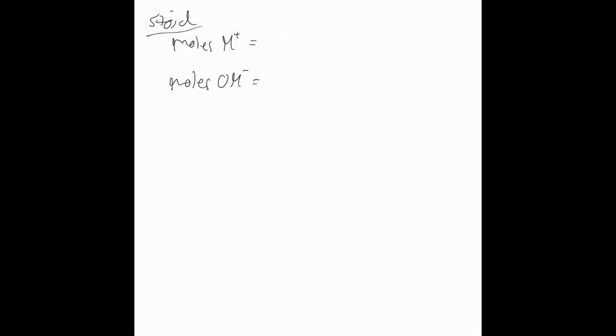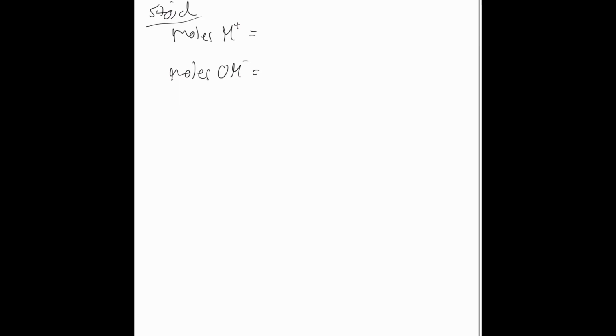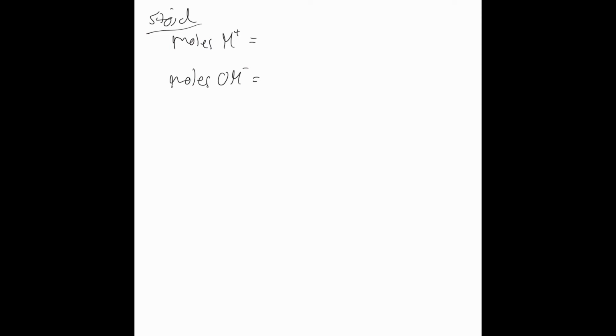Here we set up our problem. It's a stoichiometry problem, and I'm going to write it in a kind of pseudo ICE table format with moles. For the moles of H+ from HCl, we had 0.500 molar, which is moles per liter, and 10 milliliters of that, so 0.010 liters.